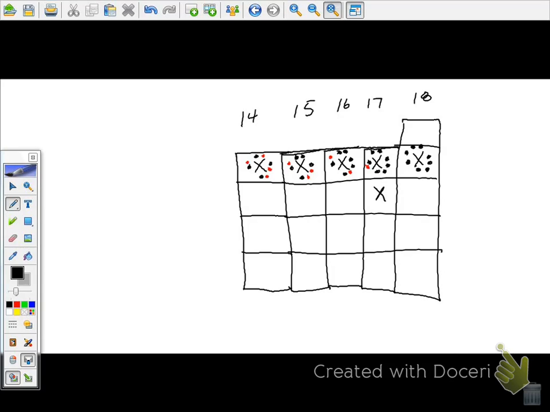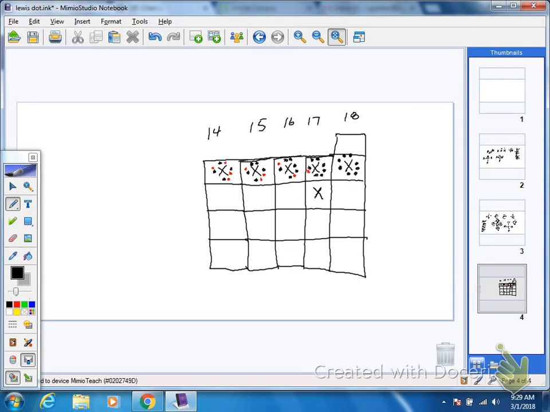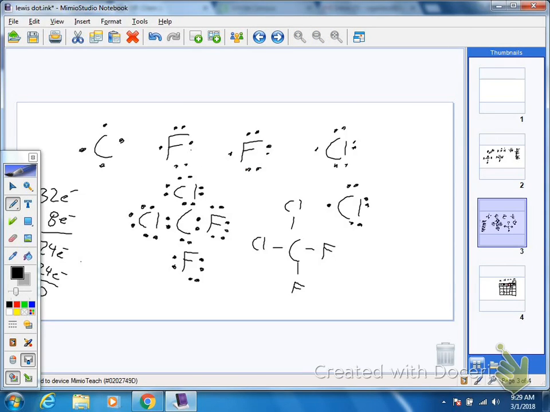So when we draw a structure, and we'll take a look back at this, and this will help you. How many lines to the, and that's group 17, right? This is group 17, chlorines and fluorines. How many lines does it have? It can only have one. Does that make sense?